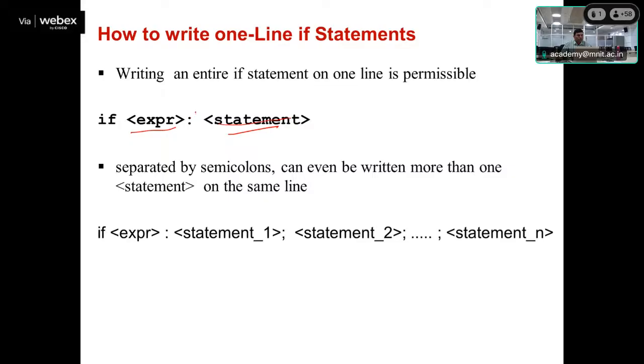So if expression, just like a condition, statement can be more than one statement or a single statement. For example, if x greater than 5, x equal to x into 5; y equal to x minus 5; z equal to 5; z equal to 50.